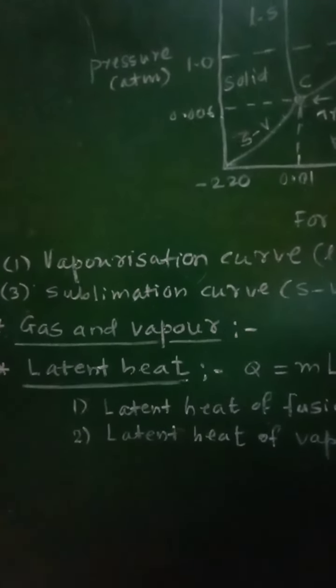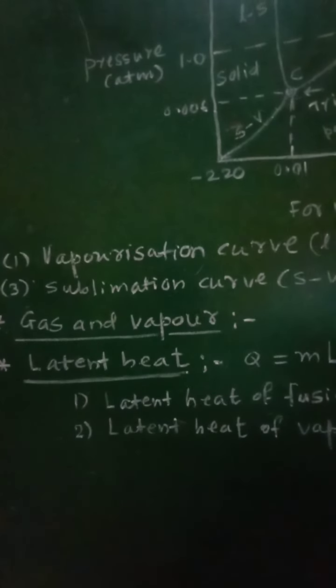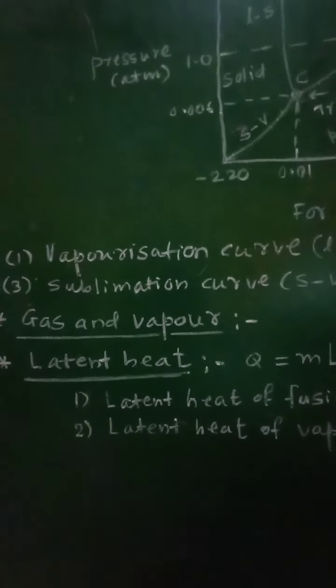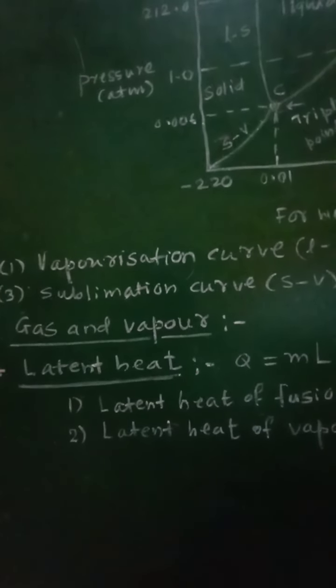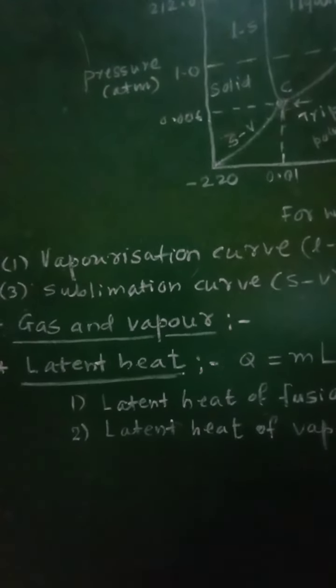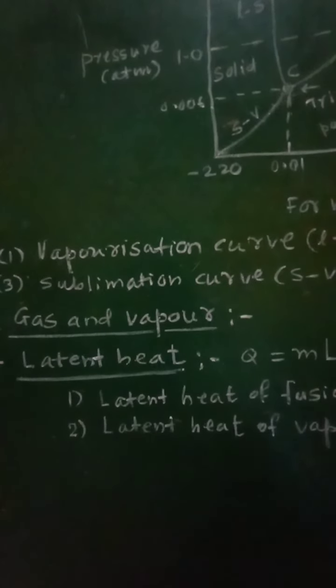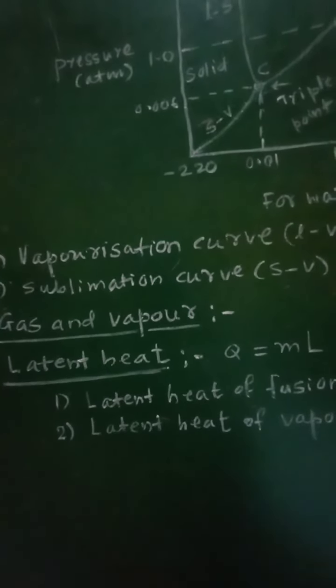Now, a substance which is in the gaseous phase and is above its critical temperature, that means its temperature is above the critical temperature, is called a gas.